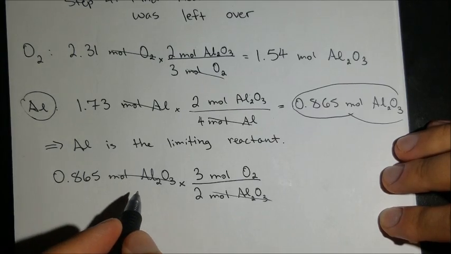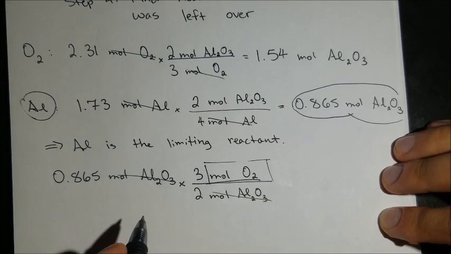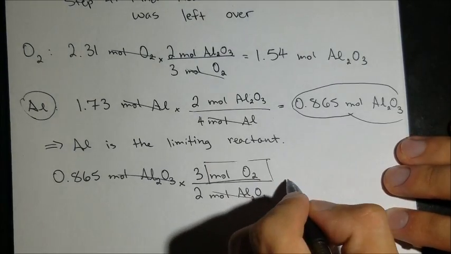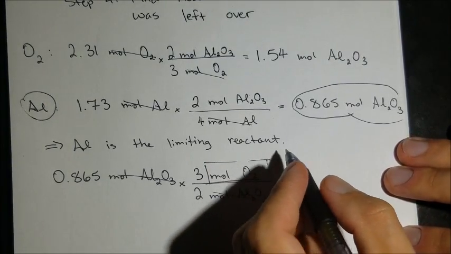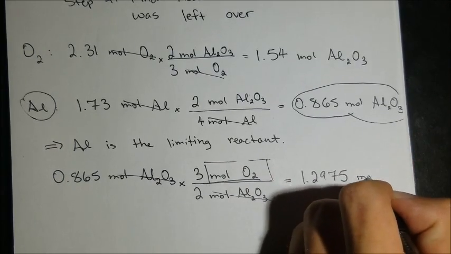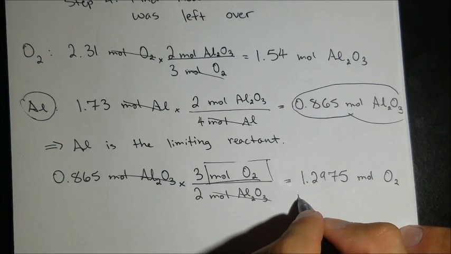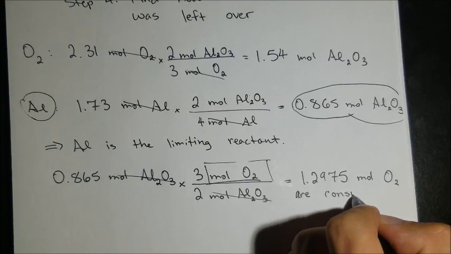So our moles of aluminum oxide, that's our product, so they cancel, and now we're in moles of O2. Okay. So if I do this out on my calculator, I get 1.2975 moles of oxygen. So this is the number of moles of oxygen that are consumed.